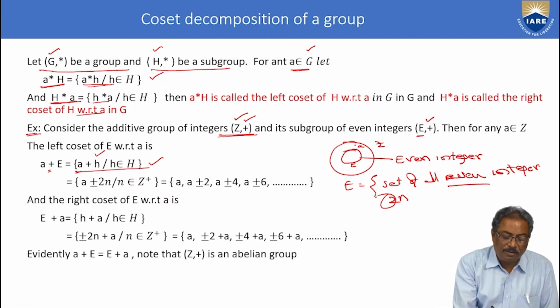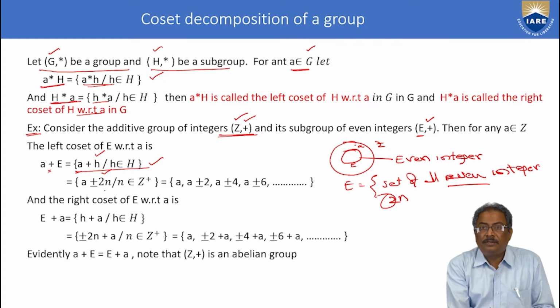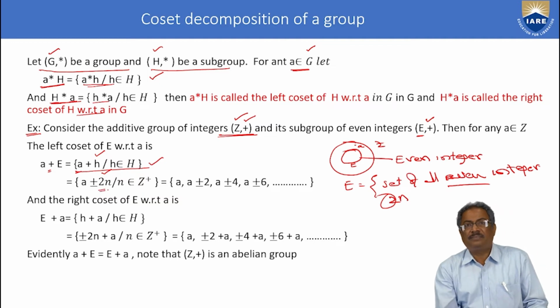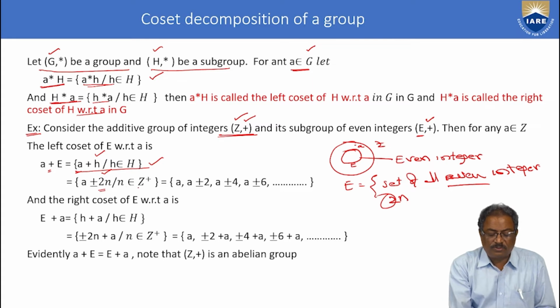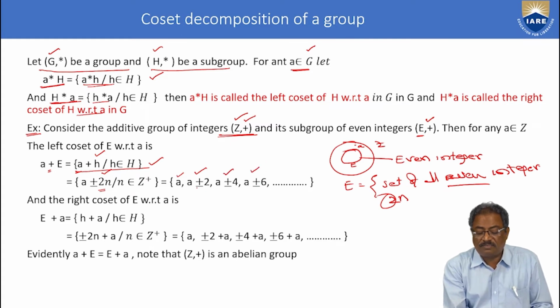So the elements of E are nothing but the even numbers, which we take as 2n, with both positive and negative even numbers, so plus or minus. And of course Z is nothing but Z plus. If n equals 0, we get A; n equals 1, A plus or minus 2; n equals 2, A plus or minus 4, A plus or minus 6, and so on.